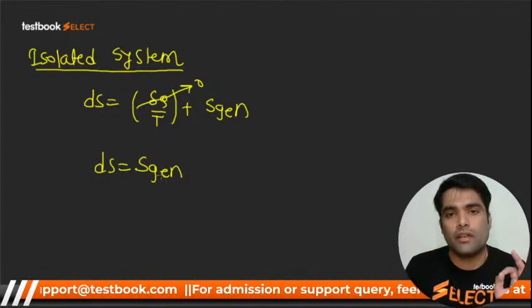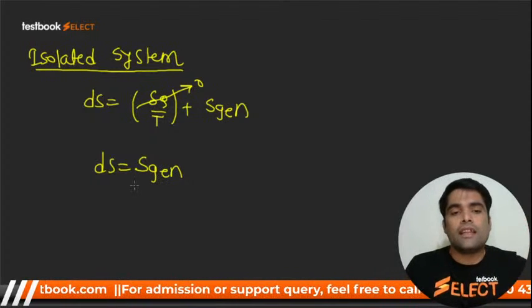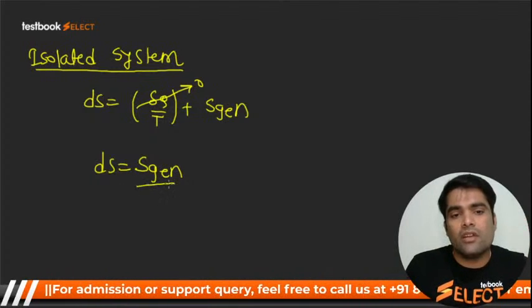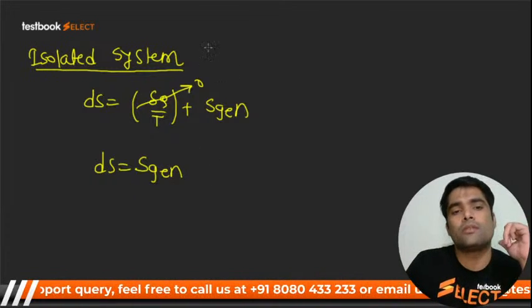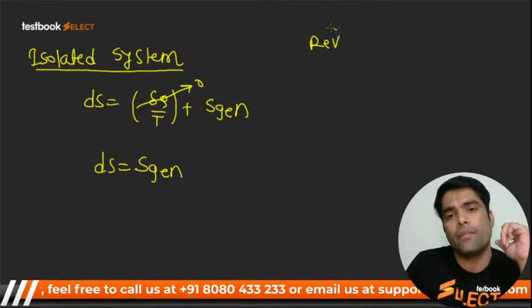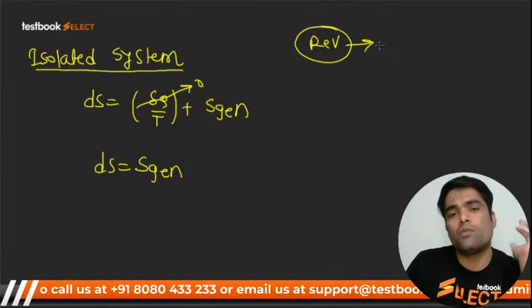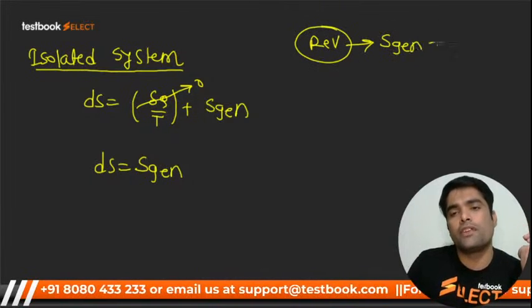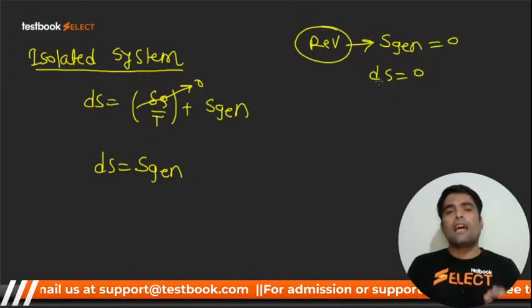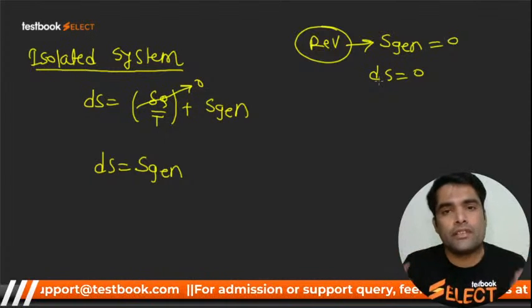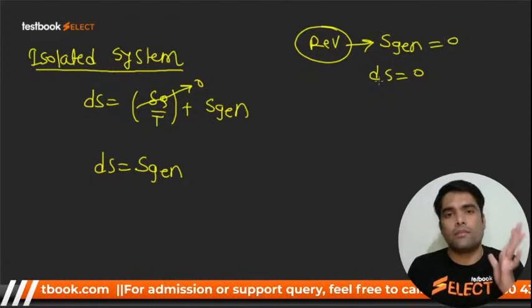It depends directly on entropy generation, right? But suppose an isolated system undergoes a reversible process. In a reversible process there is no entropy generation, so it becomes zero, that means ds becomes zero, right? That means there is no change in entropy for an isolated system when it undergoes a reversible process.